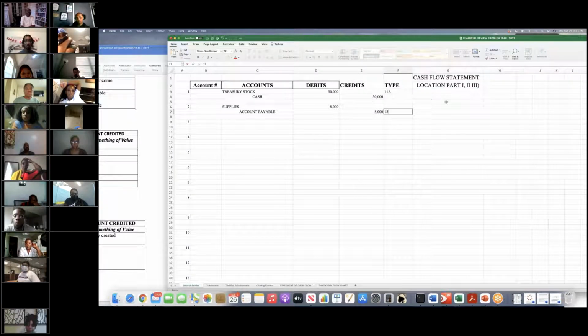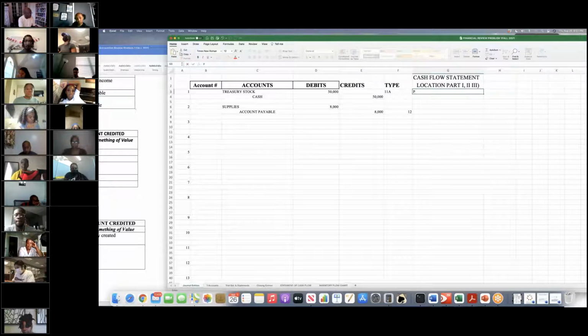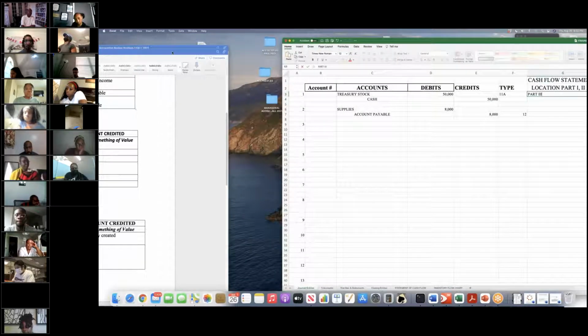But if we do that cash flow statement, no cash, so 12 is not going to go anywhere. But 11A is going to be in. For number 1, I put in section 1. It should have gone in section 3, I think. I agree, section 3. So we're just kind of doing it as we go through, so we can easily do that statement of cash flow later.